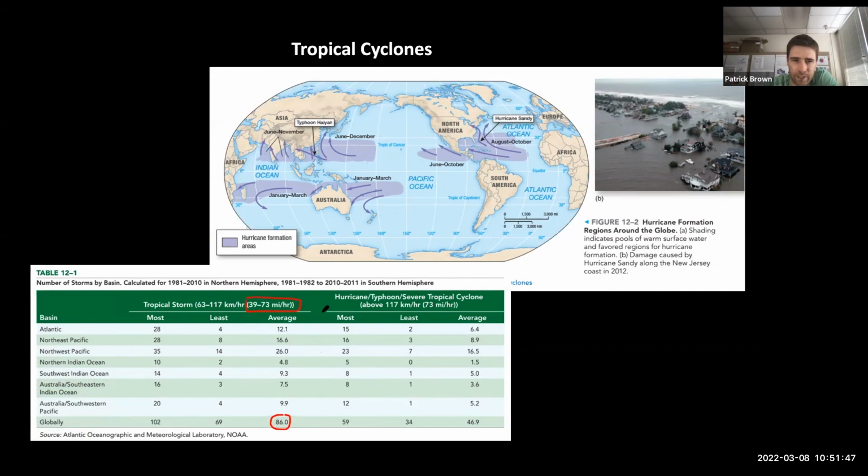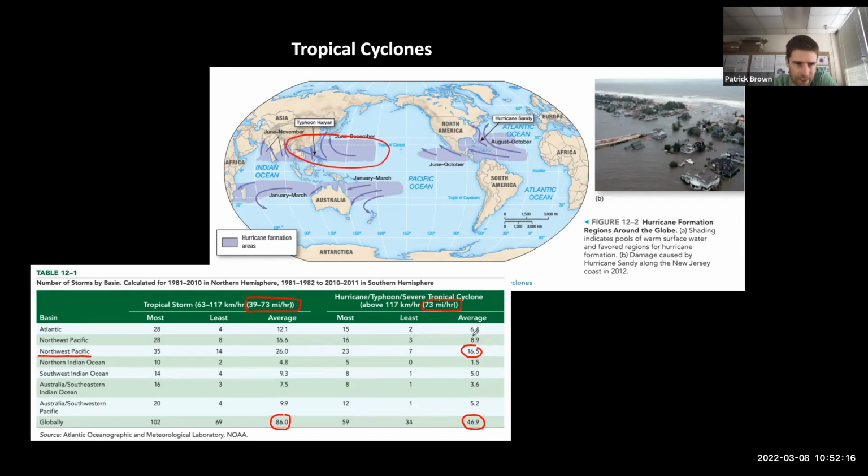And then once you're above 73 miles per hour, then it's officially a hurricane or a typhoon or a severe tropical cyclone. All means the same thing. And so we see on average per year 47 of those globally. And we see the most of those in the Northwest Pacific. So that's this basin here.